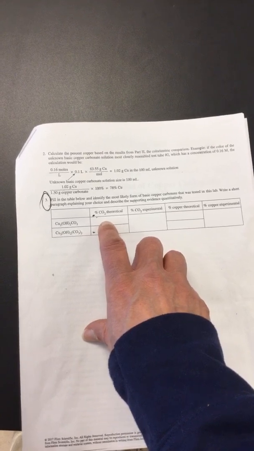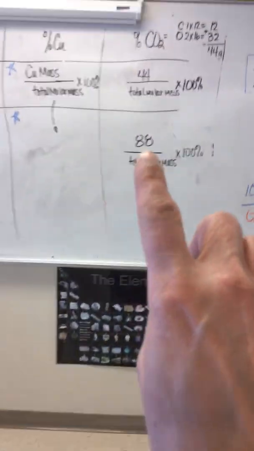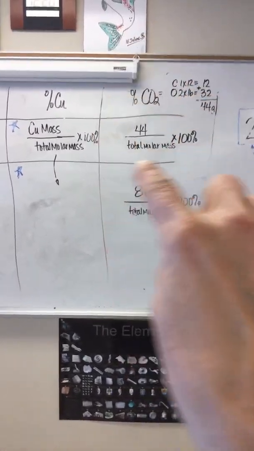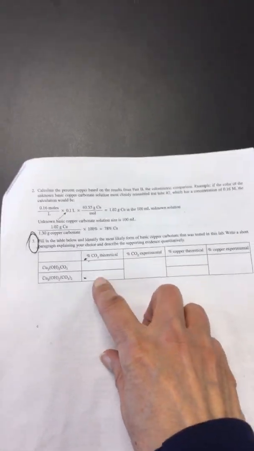So lastly, for your lab report, you need to fill in this portion right here. You're going to put the percent carbon dioxide theoretical for each compound. That is what you found on the board right here by doing that math. Those two numbers go here and here.